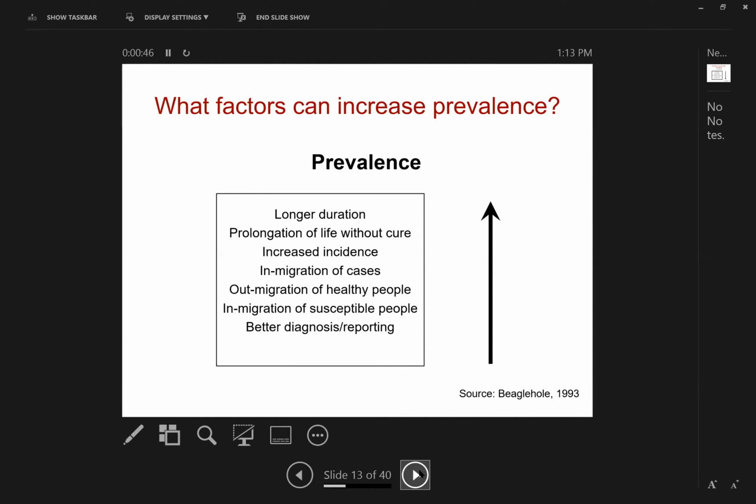There's prolongation of life, even if there's no cure. There's increased incidence. There's in-migration of people who are sick. There's out-migration of healthy people. And anytime you have better diagnosis and reporting, the prevalence can go up as well. So sometimes we start a new project in a community where there was very little, say, testing happening.